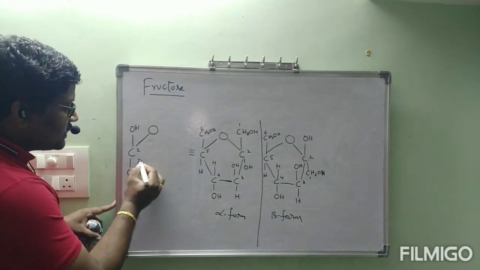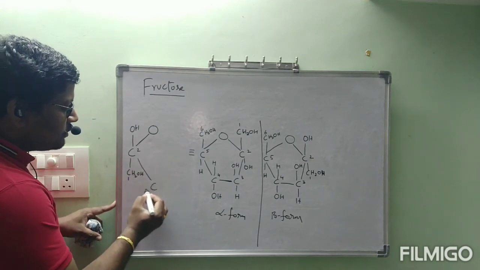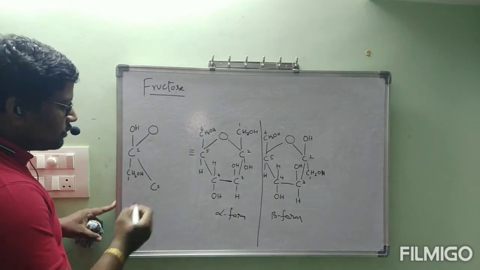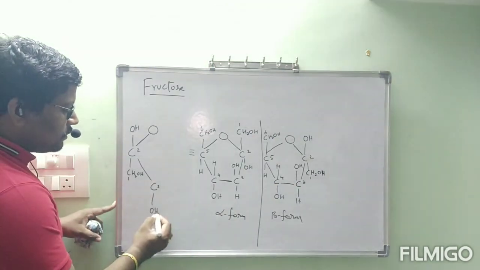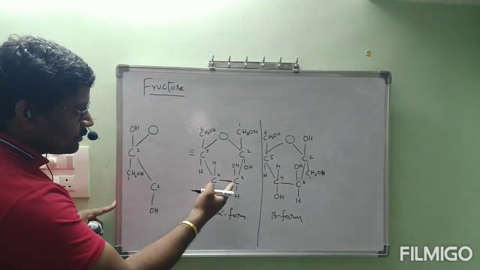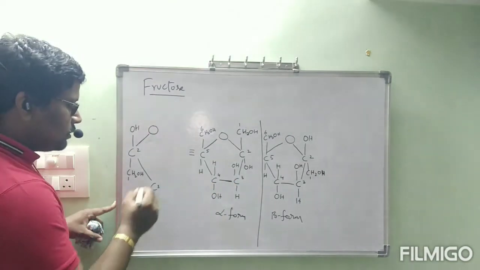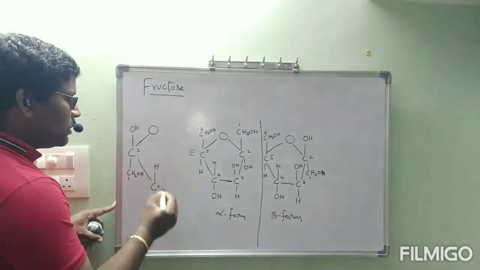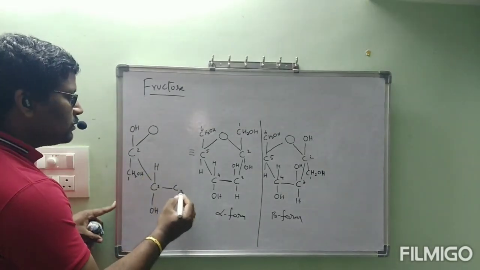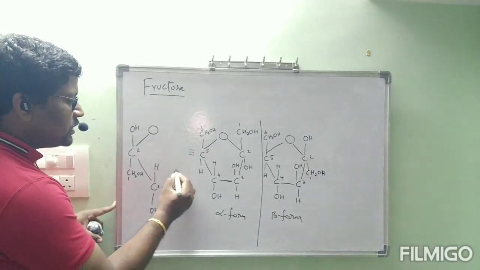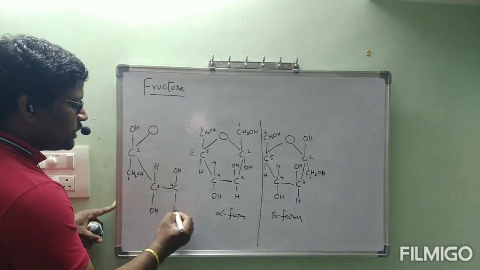Okay, next. Second carbon is bonded to third carbon. Third carbon OH is above, now third carbon OH is below, H is above. Next, third carbon is bonded to fourth carbon. Fourth carbon OH is above, H is below.